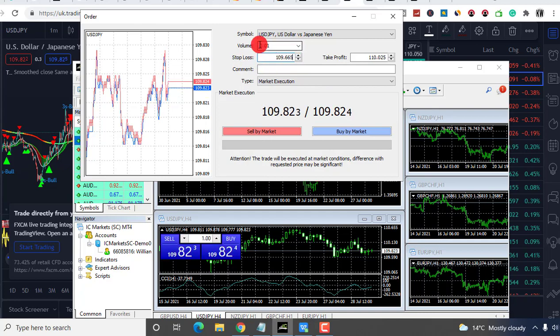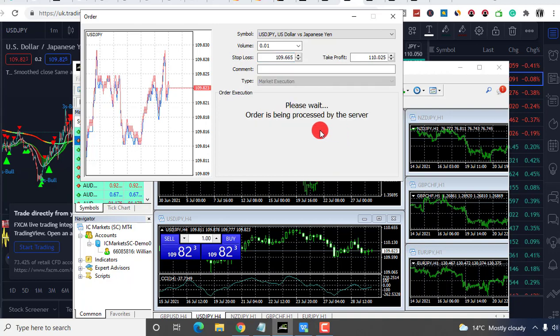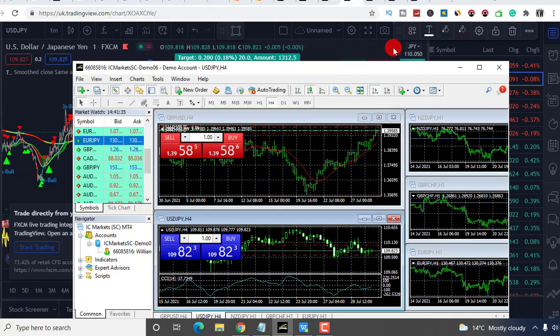And lot size, remember guys, this is the second pair, so we're just going to stay with 0.01 and then buy. That's about this one as well.